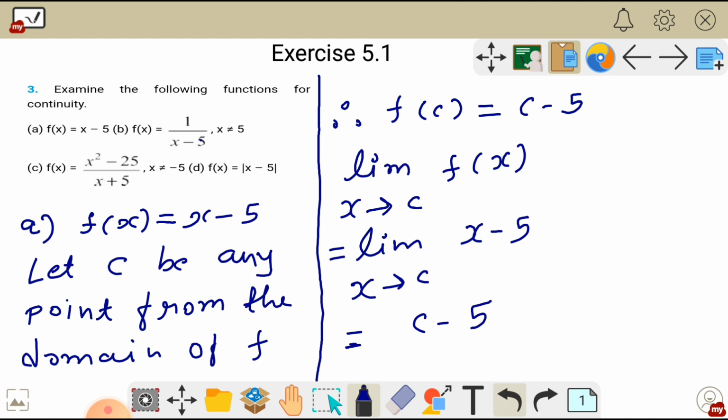Now whatever the value of C is, we can say that limit x tends to C f of x is equal to f of C, because you can see these two are equal.